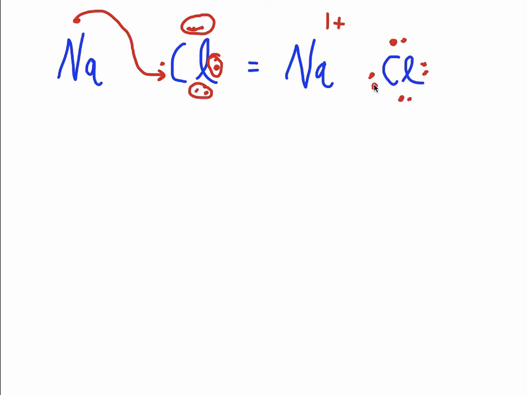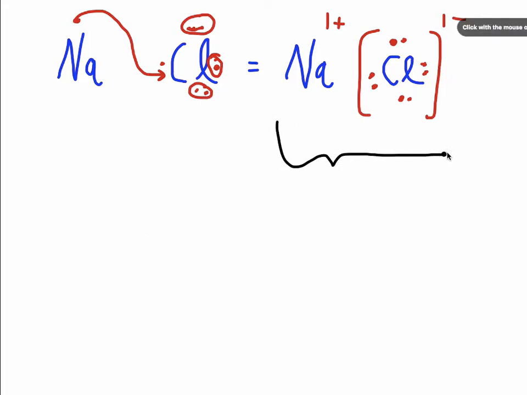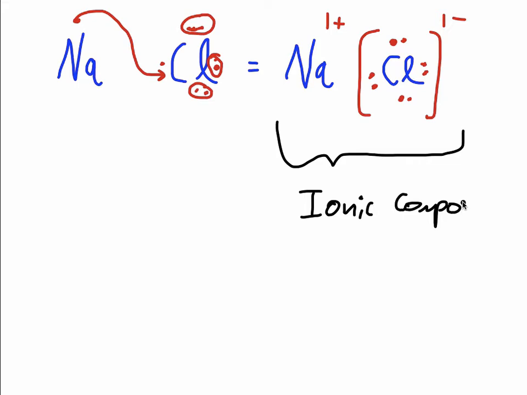You're going to put this in brackets like that. You have a 1 minus charge. And that is the balanced ionic compound. Okay, so this here is the ionic compound. And that's the finished product. And this right here, that's the ionic bond. Notice it's not necessarily a real bond. It's just, we're going to call it an ionic bond.